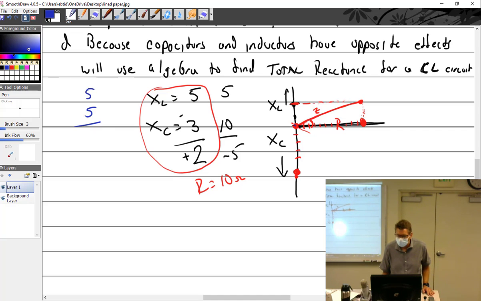And let's say I had 10 ohms. Then my line would lie on that axis, and my angle would be 0, because they're both in phase, or 360.